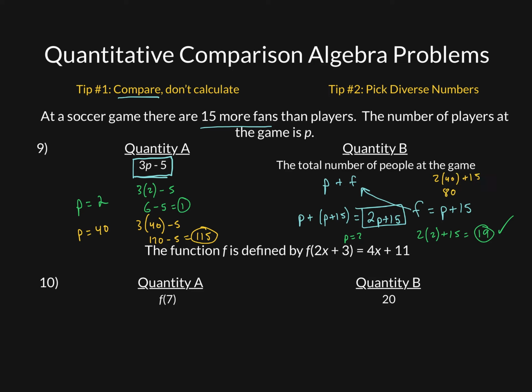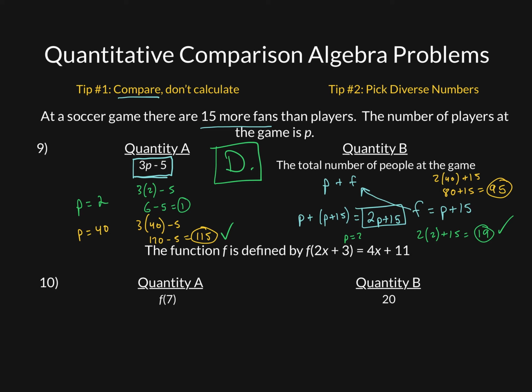That would be 80 plus 15. That's only going to give you a value of 95. So here we have 115 is bigger than 95. So in one case, quantity A was bigger. In another case, quantity B was bigger. So we clearly have a discrepancy. And whenever we have a discrepancy, we know our answer here is D, can't be determined.